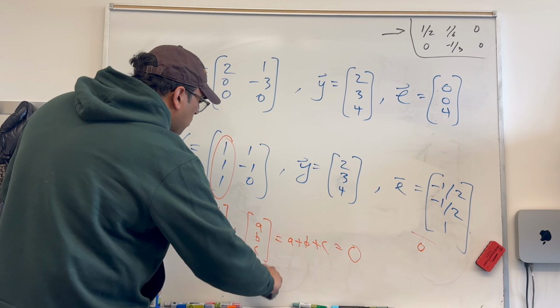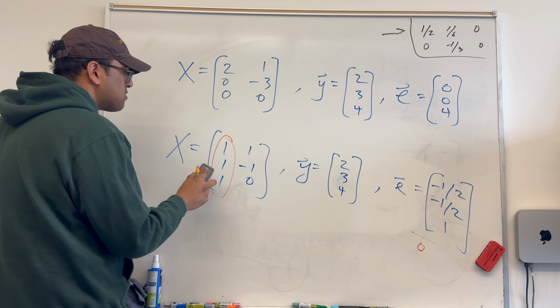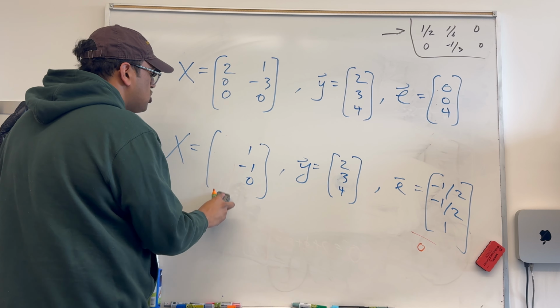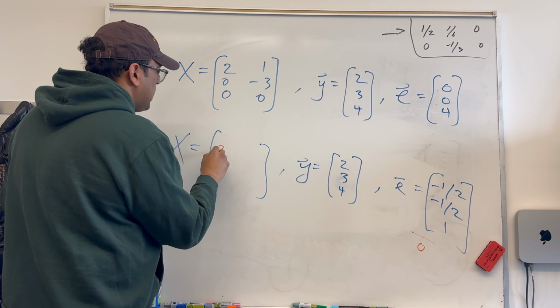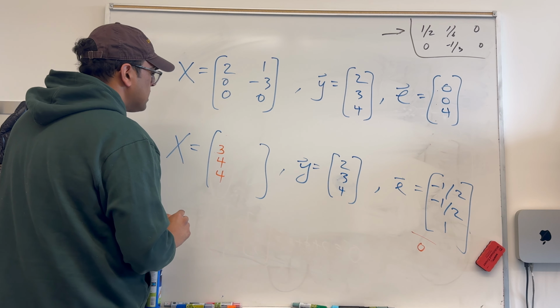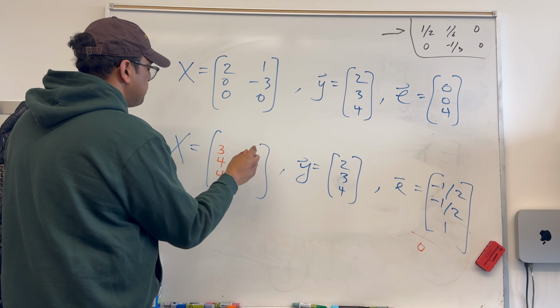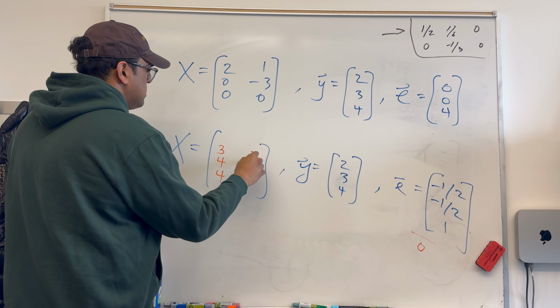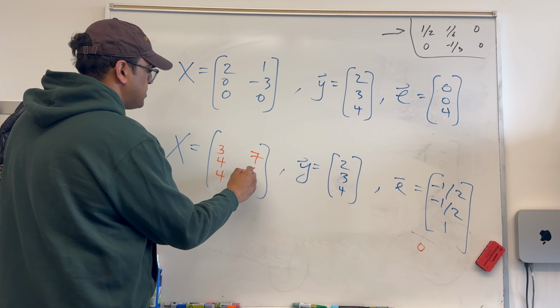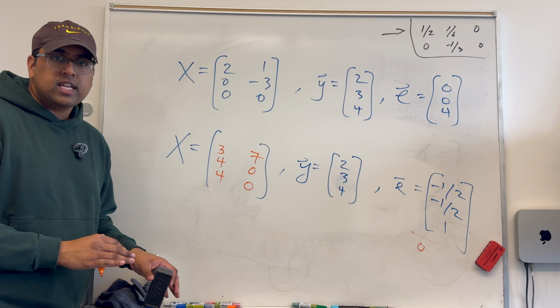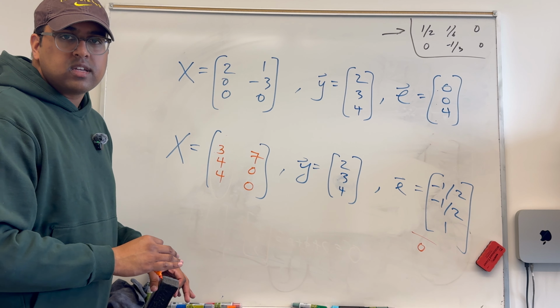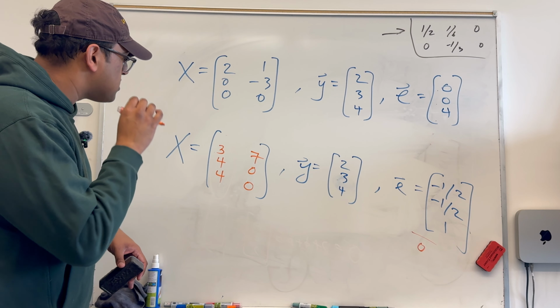So 1, 1, 1 didn't explicitly need to be one of the columns for this to be true. If I instead change my X to 3, 4, 4, and 7, 0, 0, 1, 1, 1 is not one of these columns, but it is a linear combination of these columns.